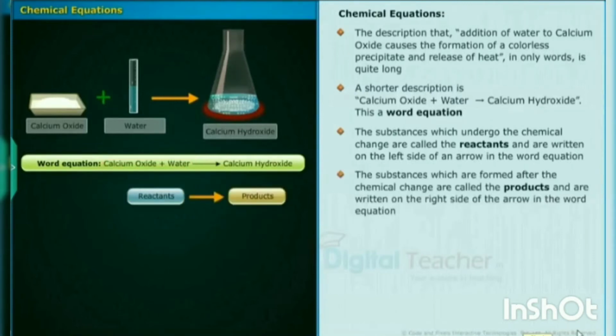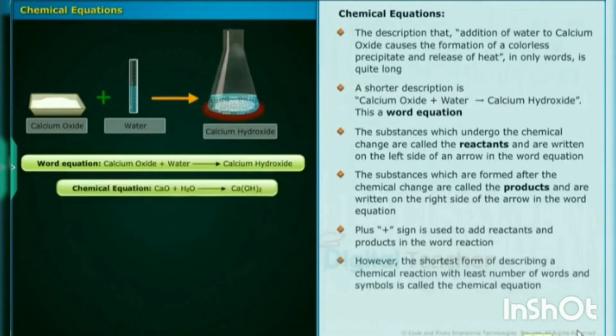The substances which are formed after the chemical change are called products and are always written on the right hand side. The plus sign is used to add reactants and products in the word reaction. However, the shortest form of description of a chemical reaction, with the least number of words and symbols, is called a chemical equation.